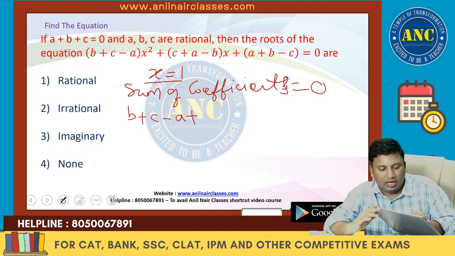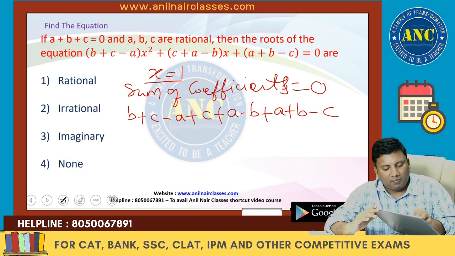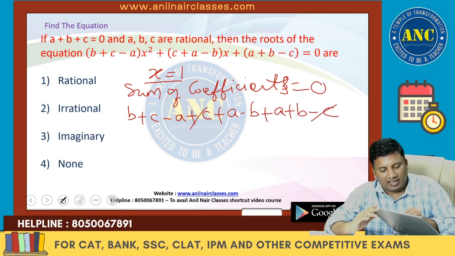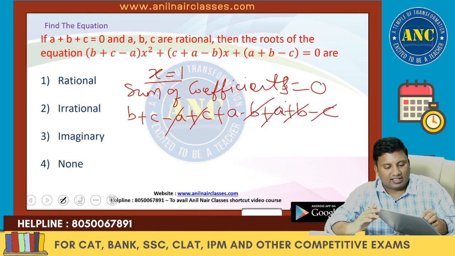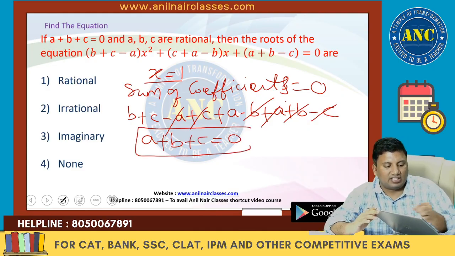B plus c minus a, c plus a minus b, a plus b minus c. Minus c plus c cancel, minus a plus a cancel, anyway it is 0.